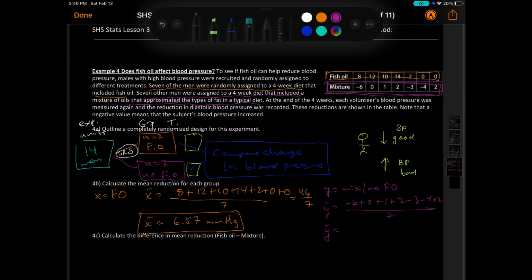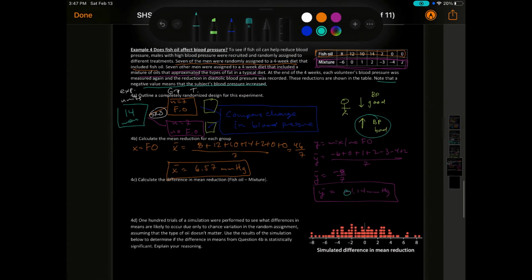You're going to get -8 over 7, which gives me -1.14. And we were saying that a negative number means that it increased your blood pressure. Increasing your blood pressure, remember we said, was bad.